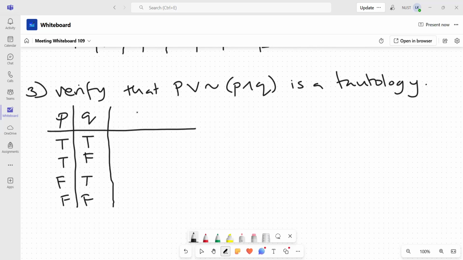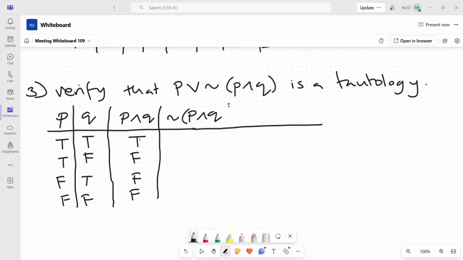Then we look for P and Q. So remember, BODMAS still applies here. So P and Q, they must both be true in order for it to be true. If one of them is false, then it is false. And then the negation of that, not P and Q. This is false.